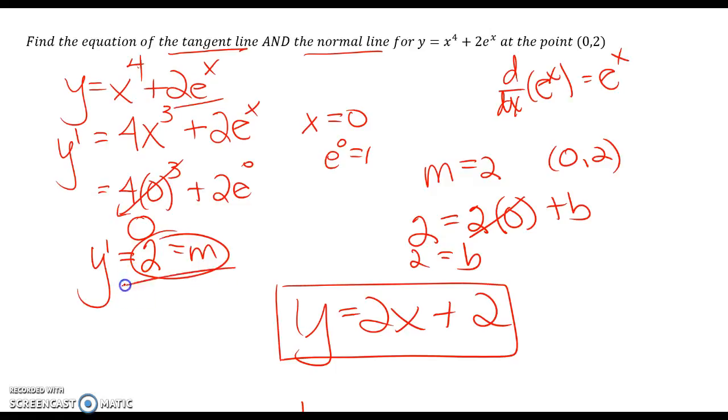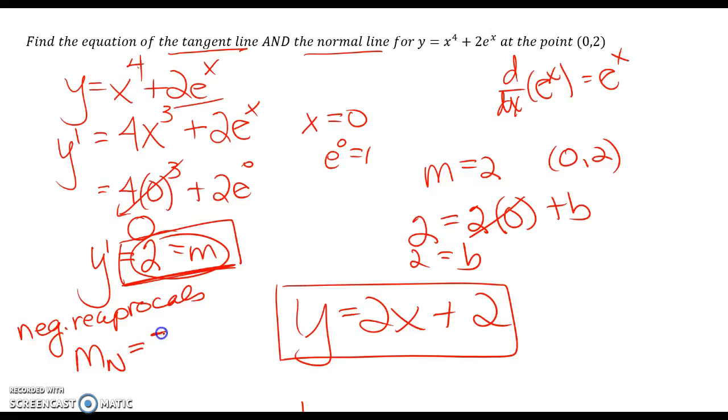If the slope of the tangent line equals 2, the slope of the normal line, which is perpendicular to the tangent, remember, slopes related perpendicularly are the negative reciprocals. All right? So the slope of that normal line then is negative 1 over 2.